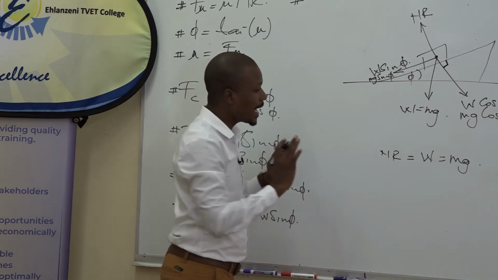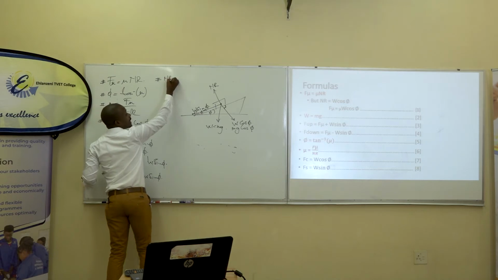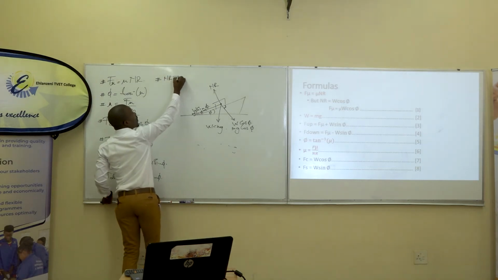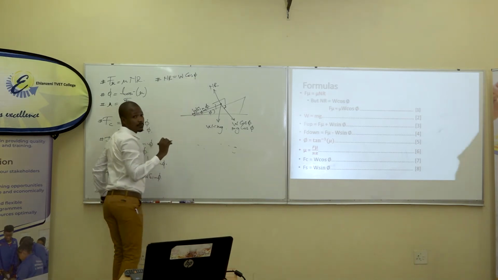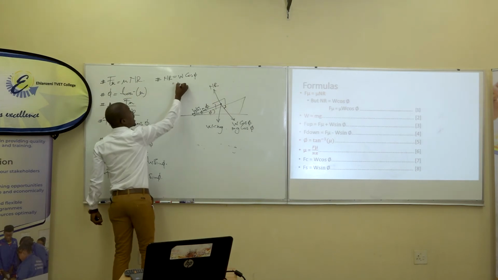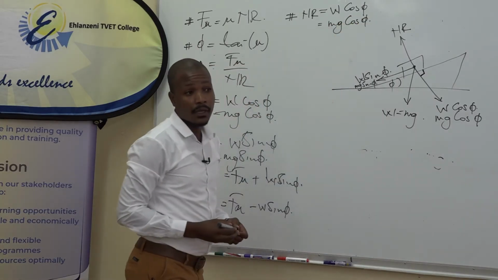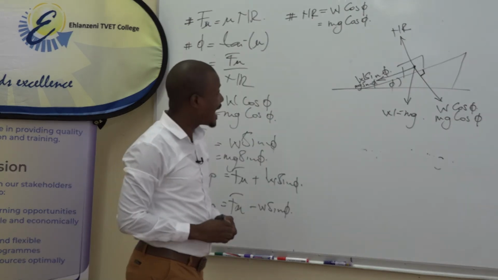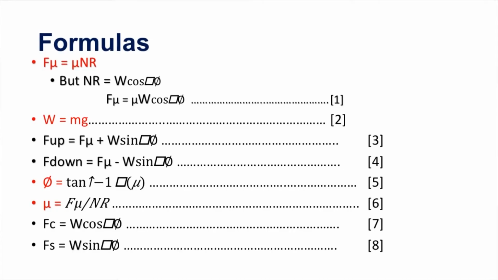But on an inclined plane now, your normal reaction will be equal to W cos theta, or rather mg cos theta. That is your normal reaction. Now that is the difference where you need to locate it.